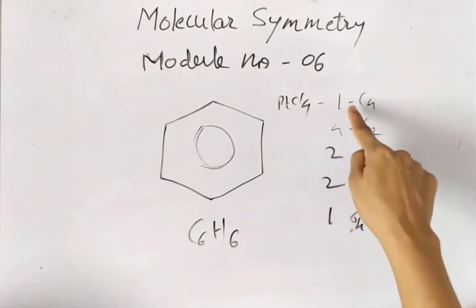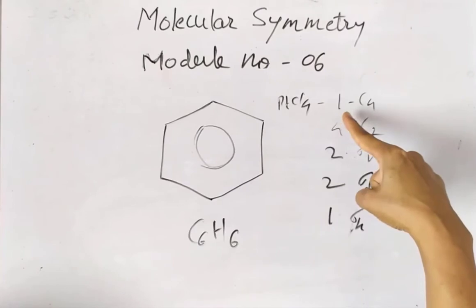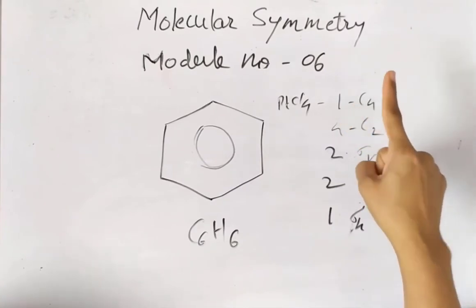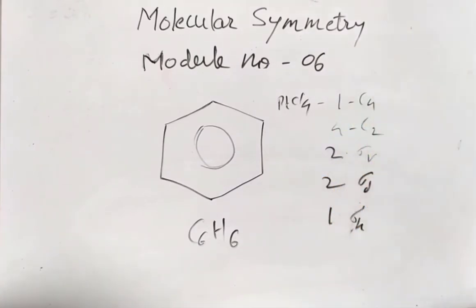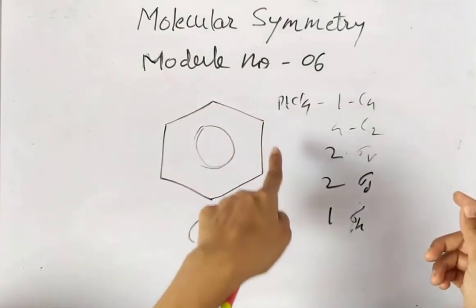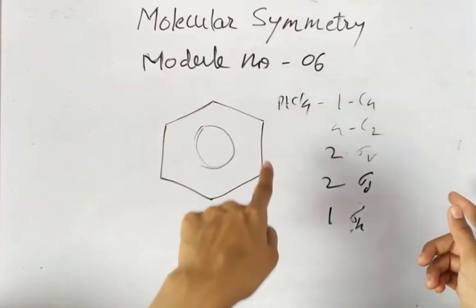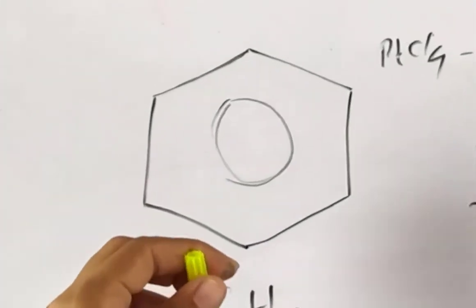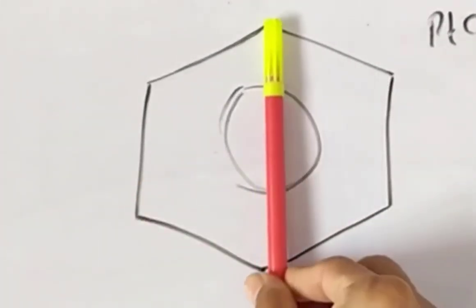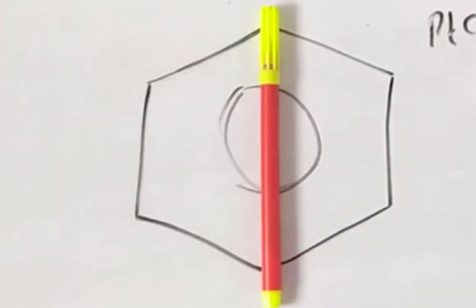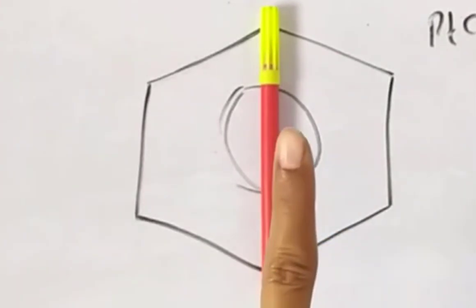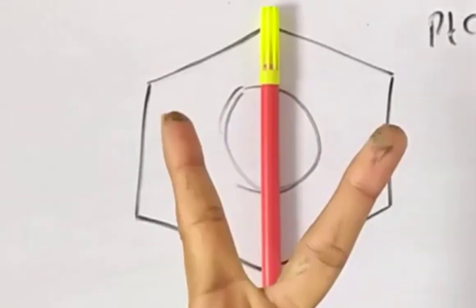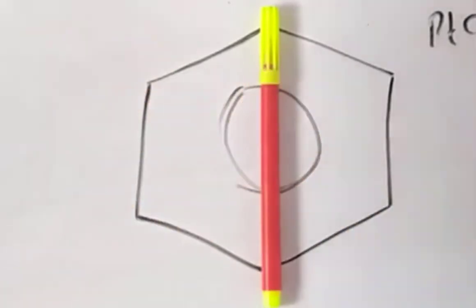In PtCl4 we got the first element, that is one principal axis having fourfold rotation. Similarly, in benzene, in what way will you pass the principal axis? You can pass the rotational axis like this also, and in this way you can carry out the rotation.